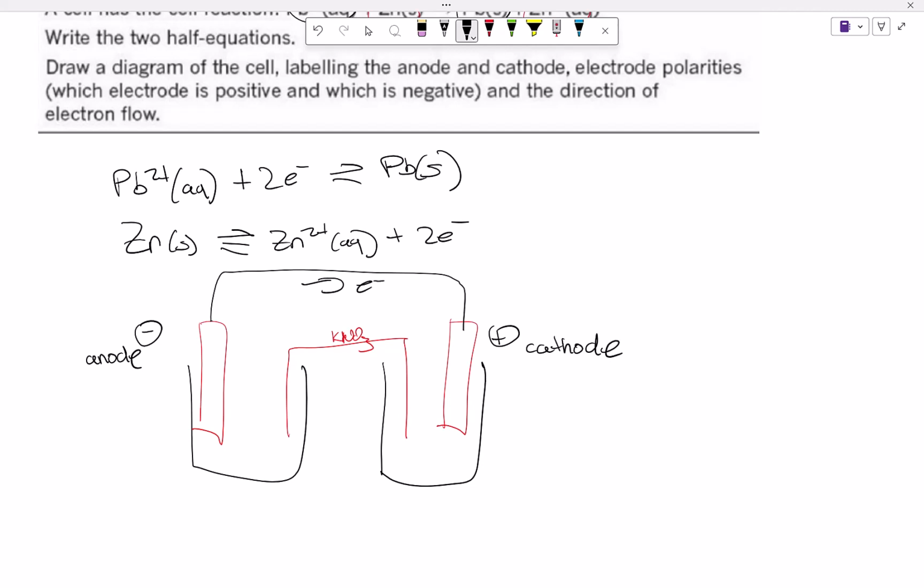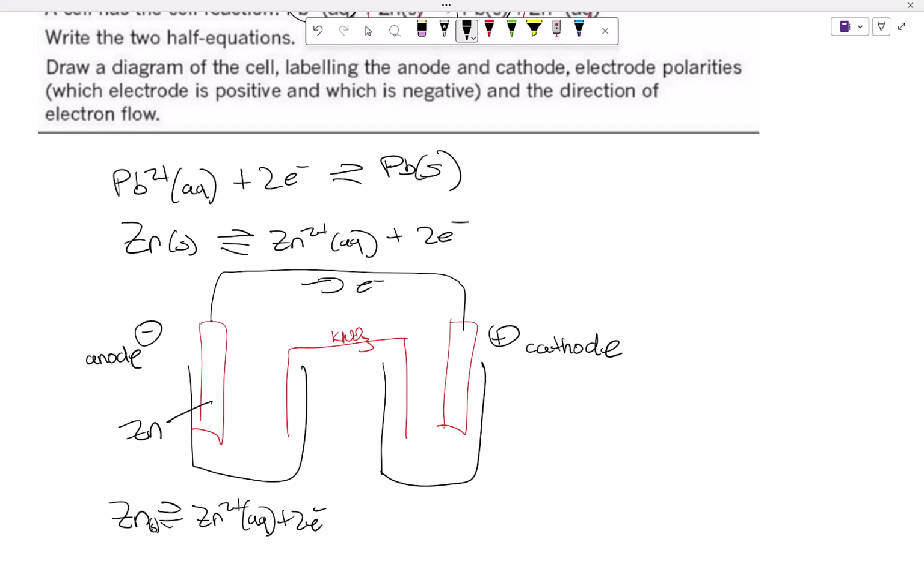Now, what's going to happen here is I'm going to have my zinc. So on this electrode, this half cell, zinc solid goes to Zn2+ aqueous plus 2 electrons. And then you're coming across to here, so you're going to have the lead.